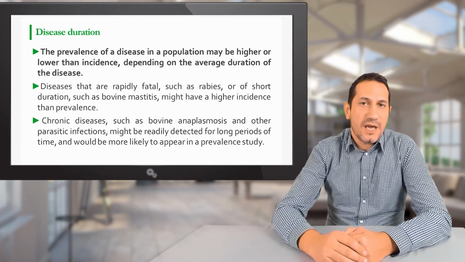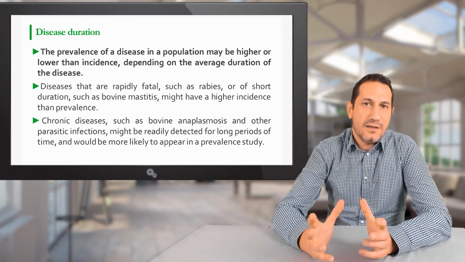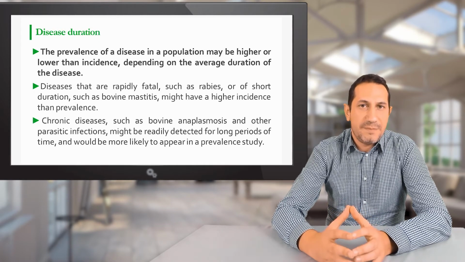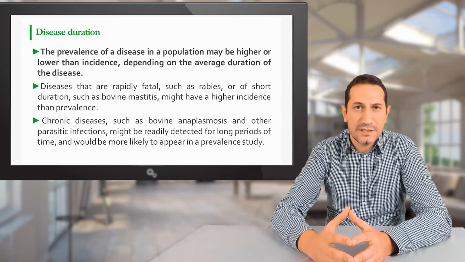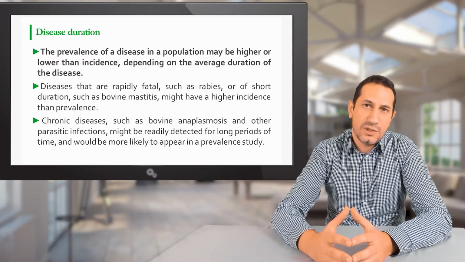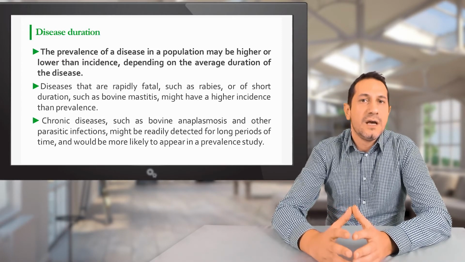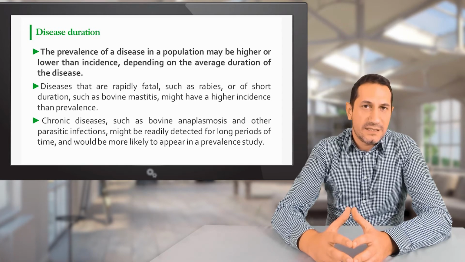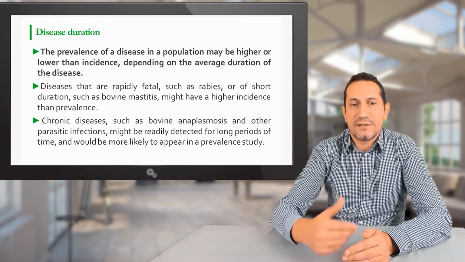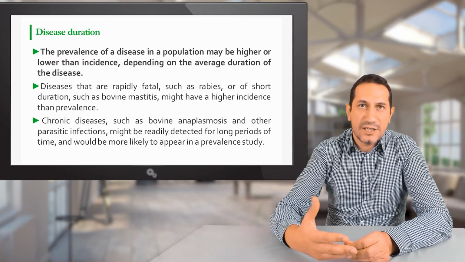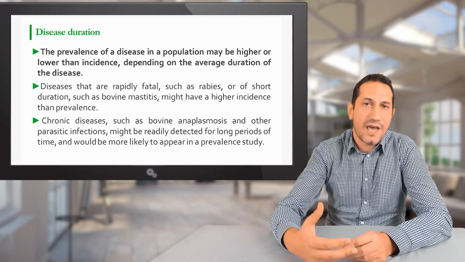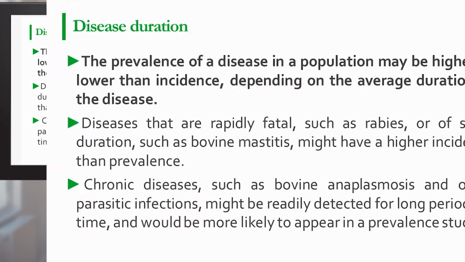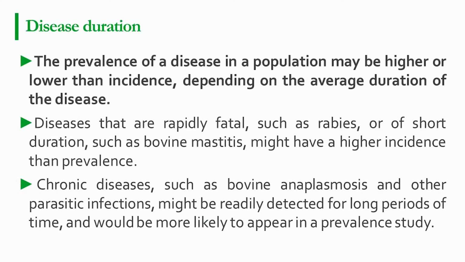And if we keep in mind that the prevalence is dependent on the deaths and the recoveries, of course this is linked to the duration of a disease. Because prevalence is sensitive to that, the prevalence of a disease in a population might be higher or lower depending on the average duration of the disease, meaning how fast an animal will recover or how fast the animal will die.